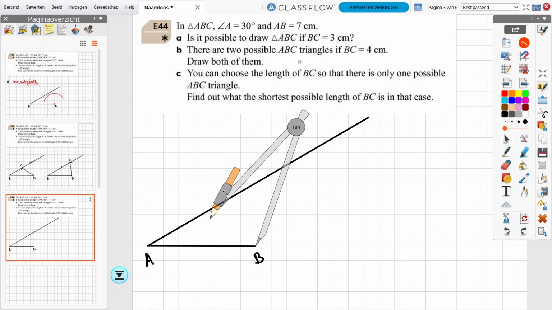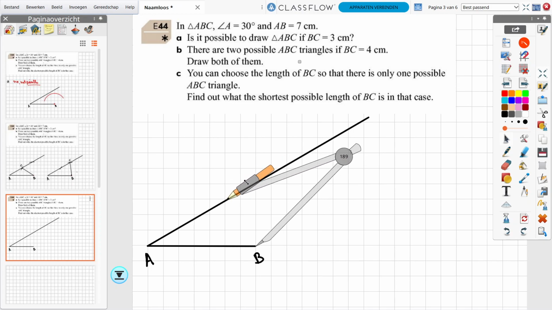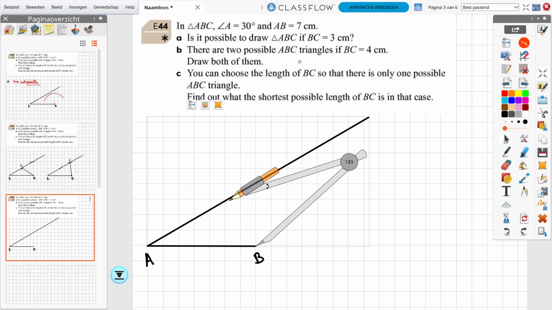But if I make the circle a bit smaller, I can try to make it so that it just barely touches that leg here. And if that happens, that means that I only have one intersection point, which means I only have one possible triangle.